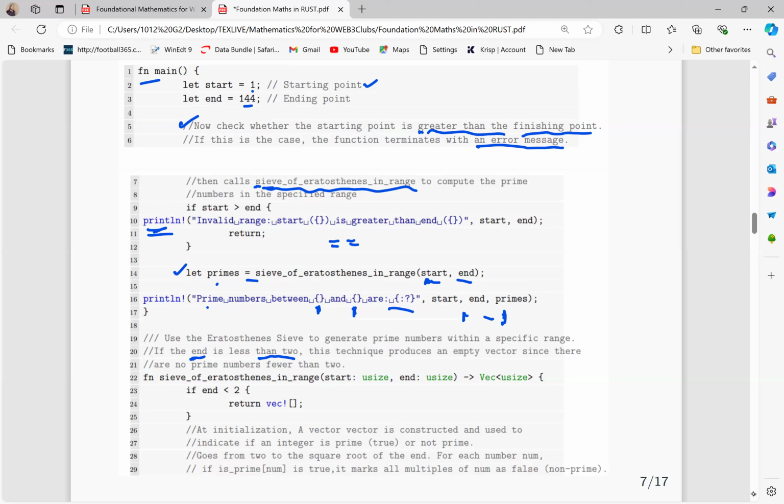So this algorithm is supposed to note that if your end point is less than 2, it gives you an empty vector, since there are no prime numbers in that range. That is, if end is less than 2, return an empty vector.